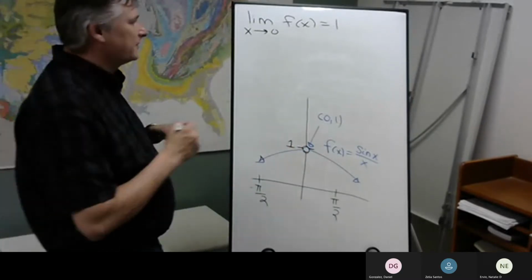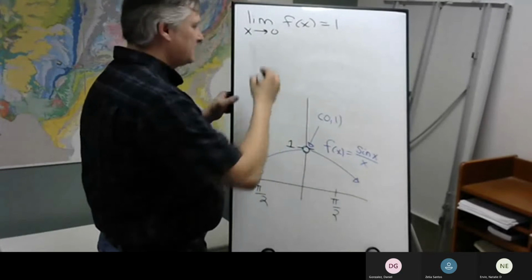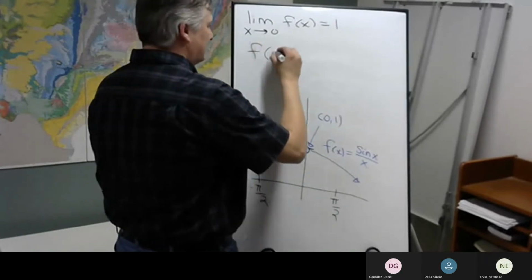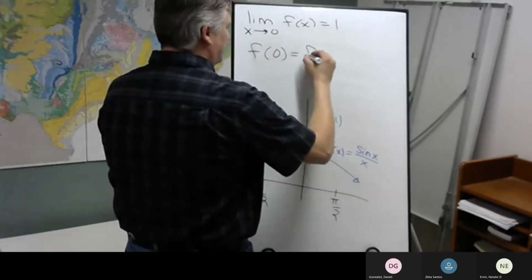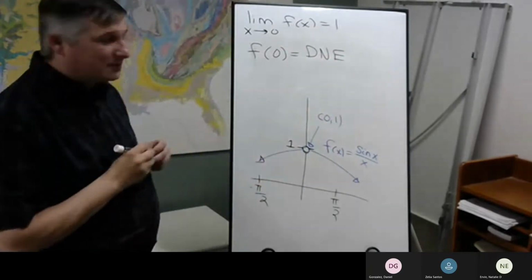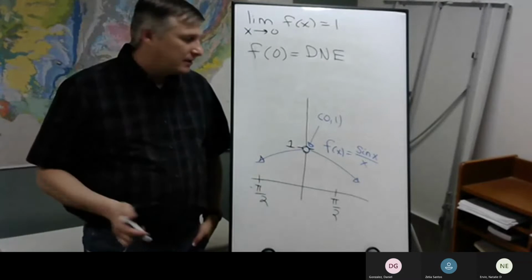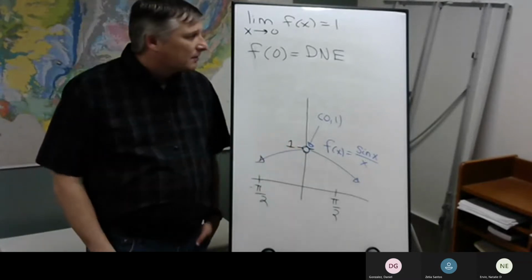The downfall for us is that, the reason this is discontinuous mathematically is that f of 0 doesn't exist. So that's why we have a discontinuity here. That's why we have this hole.